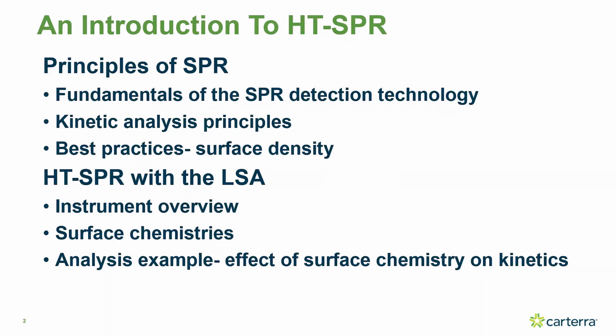And then go over at least one example of best practices and talk about how surface density affects kinetic analysis. And then from that, I'm going to move into an introduction to high throughput SPR with the LSA and give an overview of the instrument, talk in some detail about the surface chemistries we have available, and give an analysis example from a recent publication.